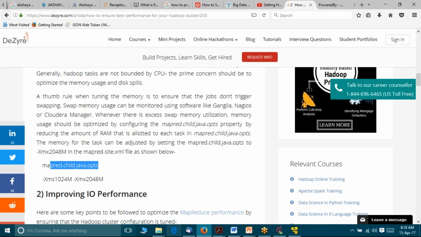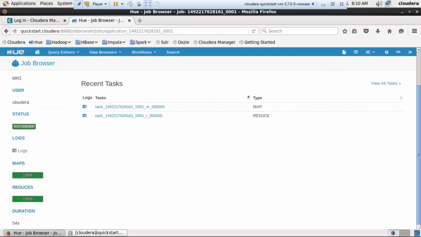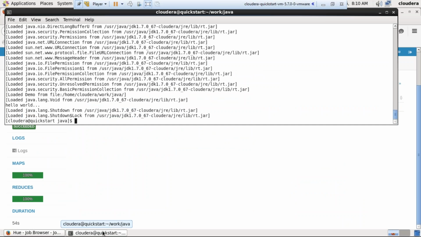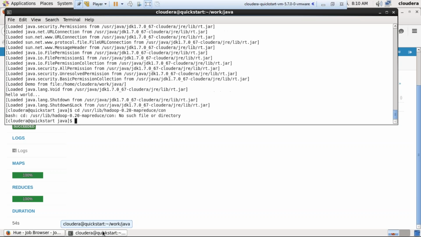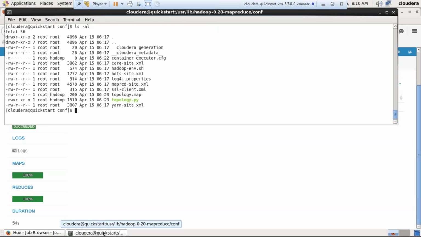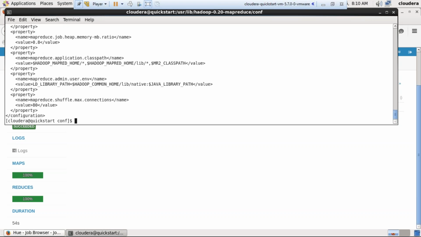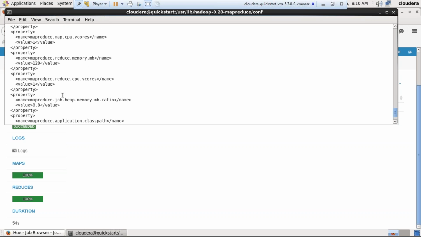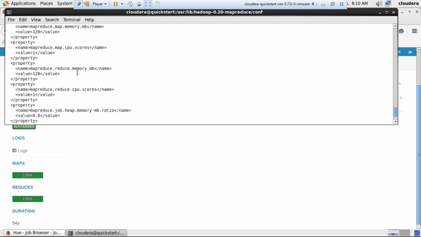This property is available, and of course you can do these configurations even from /user/lib/hadoop, where you have something called conf, and you see here mapred-site.xml. See here, friends.